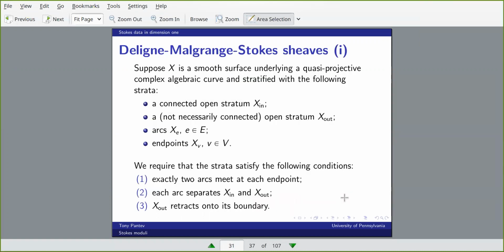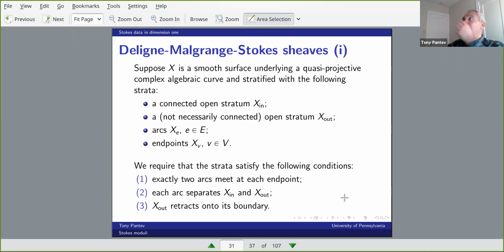Okay. So the idea: we need to take this moduli of Stokes data, the derived moduli stack of Stokes data, and construct a Poisson or symplectic structure on it. And we're going to do it by describing that stack in terms of a classifying object.